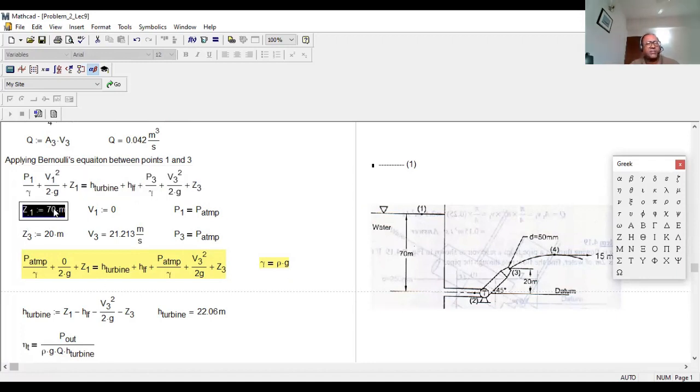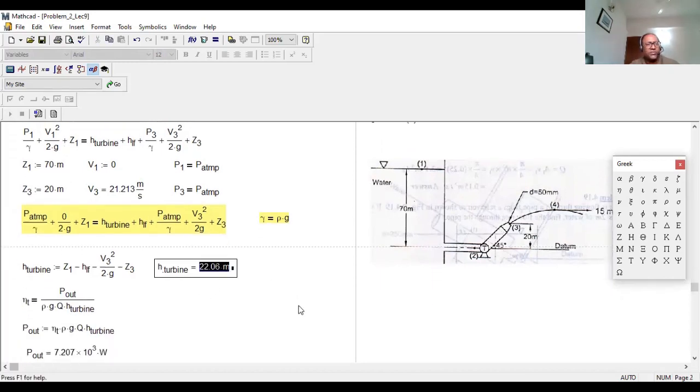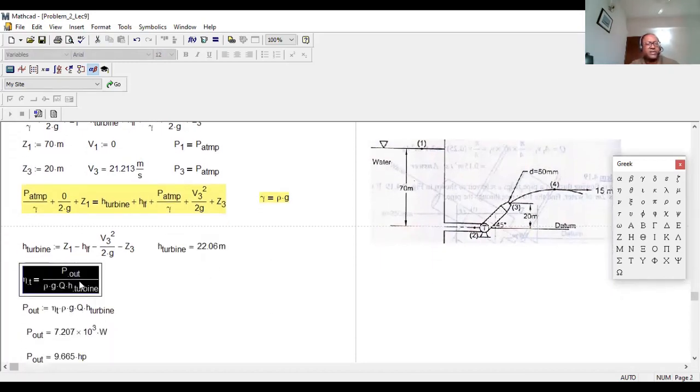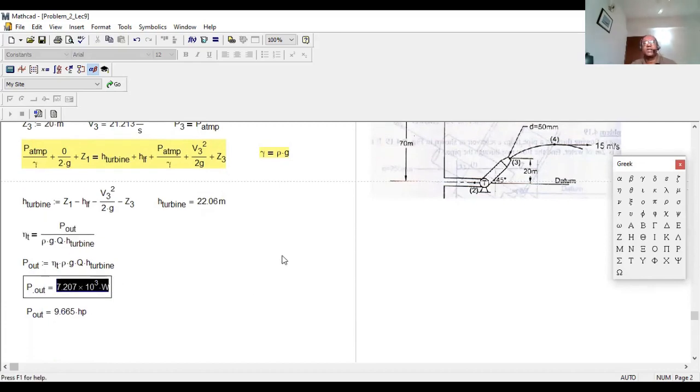Z1 is 70, given. V1 is 0. P1 is atmospheric pressure, P3 is atmospheric pressure, V3 we already figured out, and Z3 is 20 meter right over here. After putting in all the values, you get the head of the turbine. If you have the head of the turbine, then use this equation: efficiency is 80%, rho g Q turbine, and then you figure out the P out.